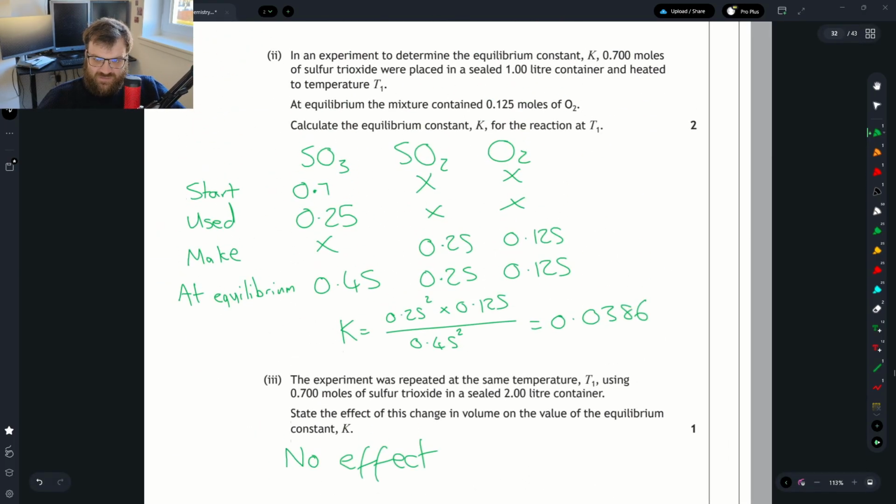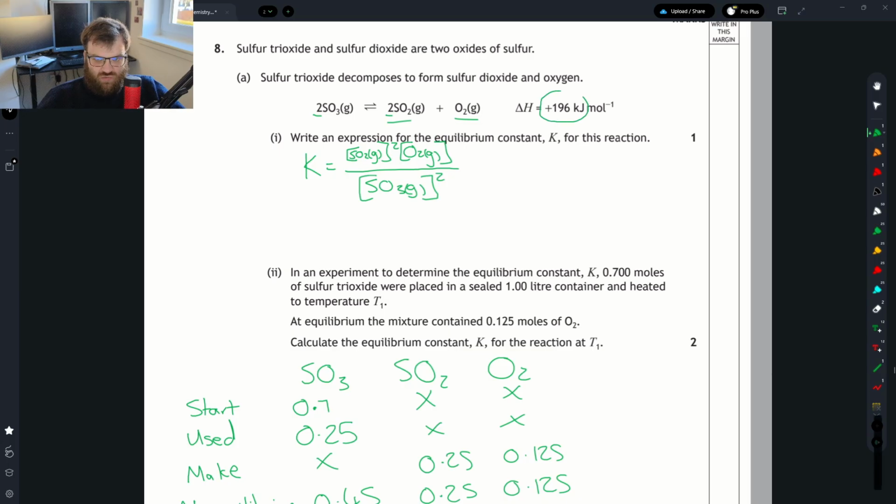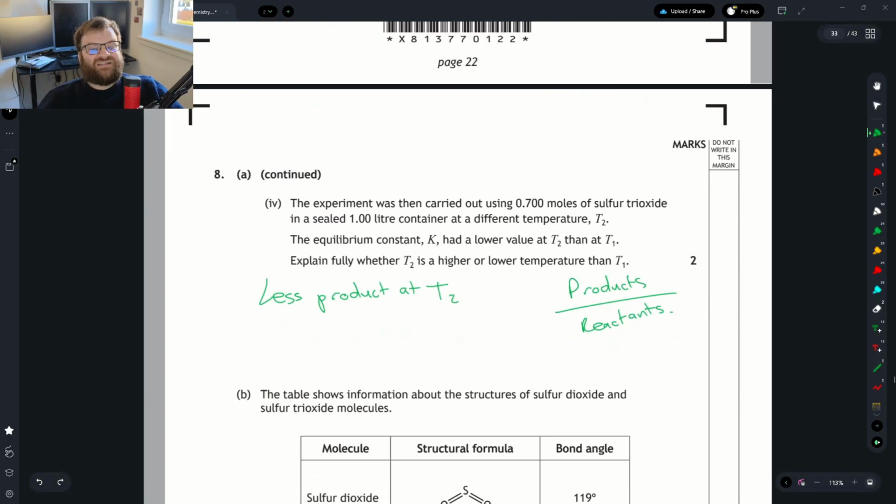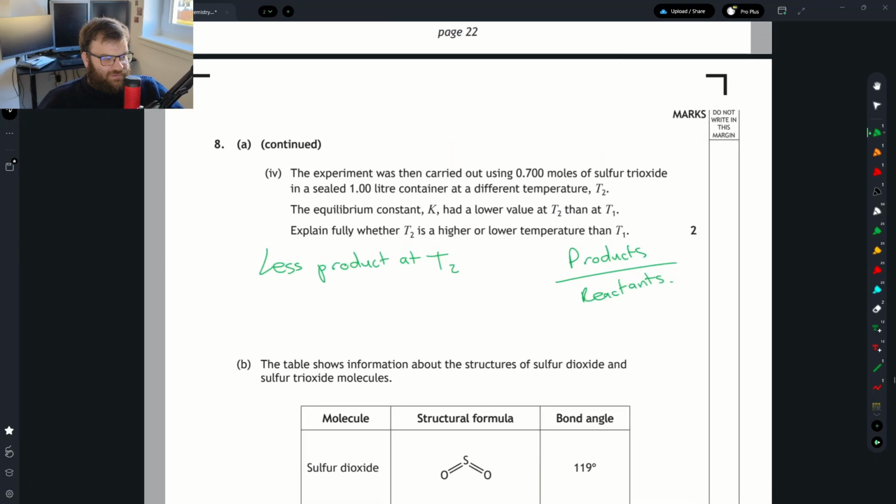And it says we have an endothermic reaction forward. That must mean then endothermic cools things down. Endothermic favoured by increase in temperature. If it's not favoured, it has to be a lower temperature.